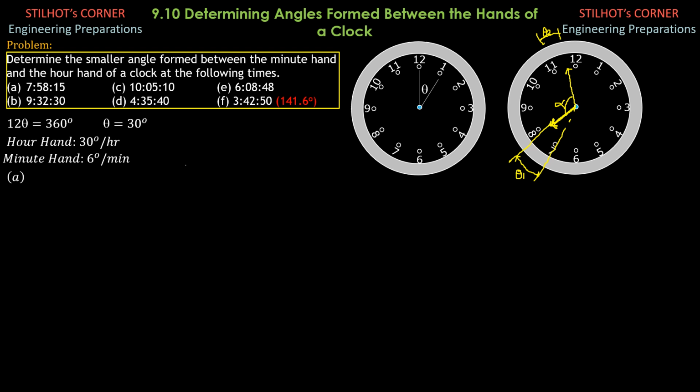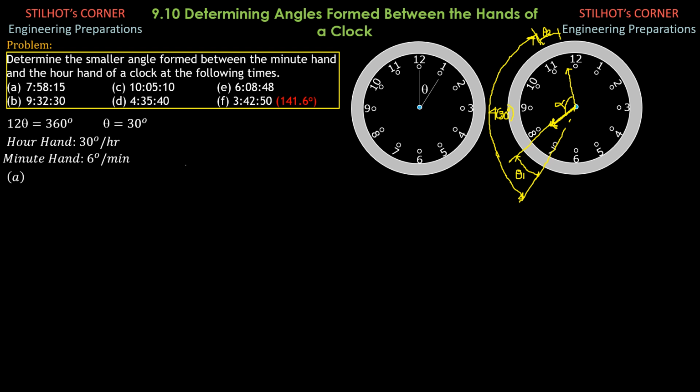So from 7 to the 11th mark, there are 4 graduations passed. So that means this is 4 times 30 degrees. The movement of the hour hand from 7 to this last position is 58 minutes and 15 seconds. 15 seconds divided by 60 seconds per minute is 0.25.